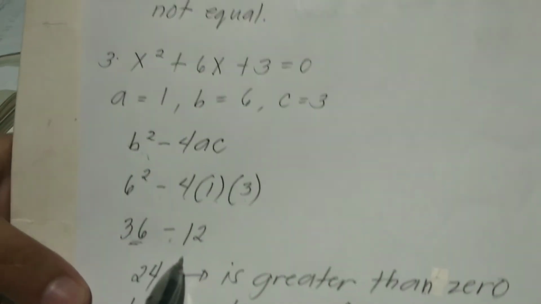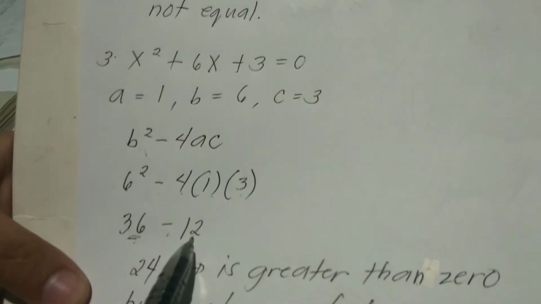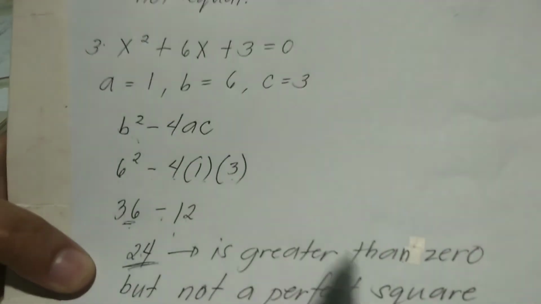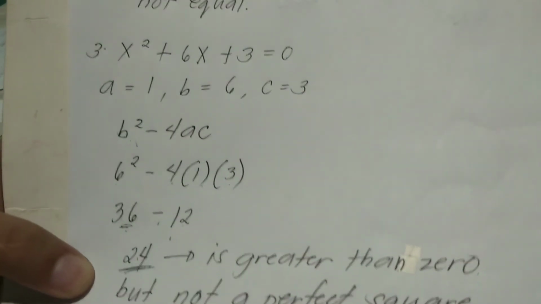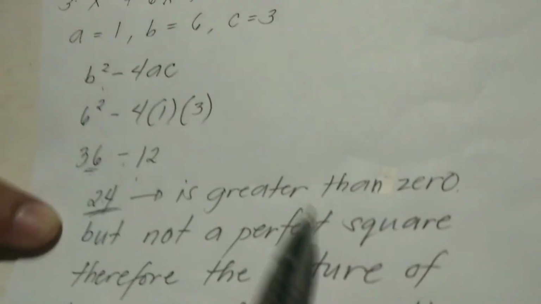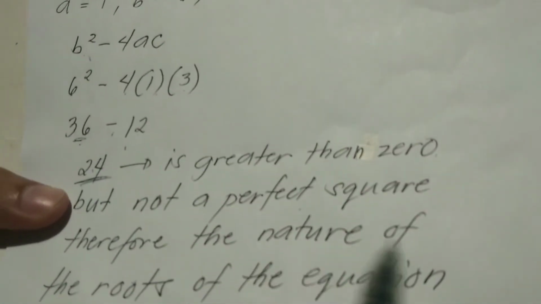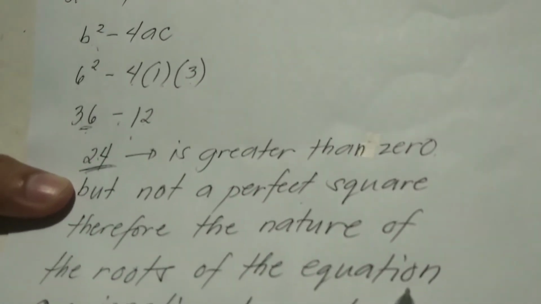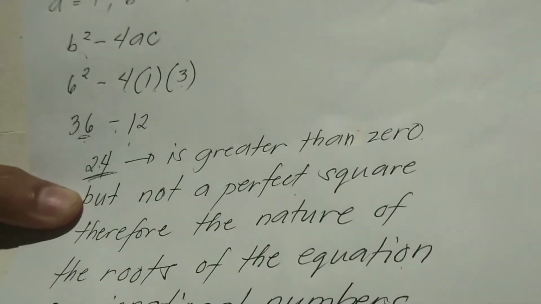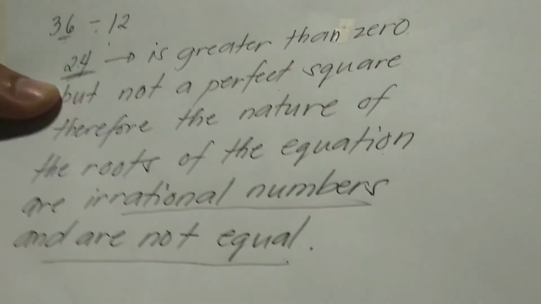Times 3, 12. 36 minus 12 is 24. 24 is greater than 0 but not a perfect square. Therefore, the nature of the roots of the equation are irrational numbers and are not equal.